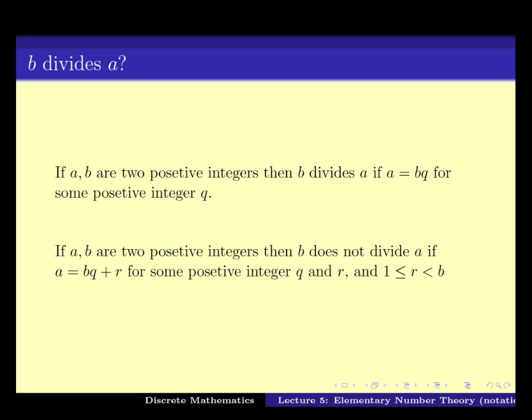So if we get a remainder which is non-zero and between 1 and b, then it means that b does not divide a.